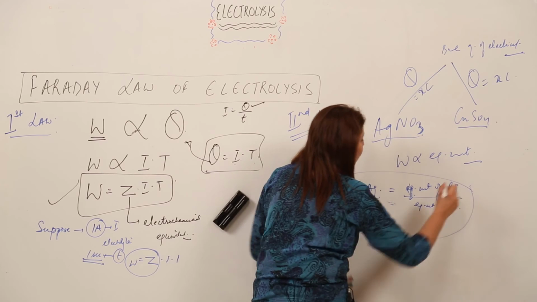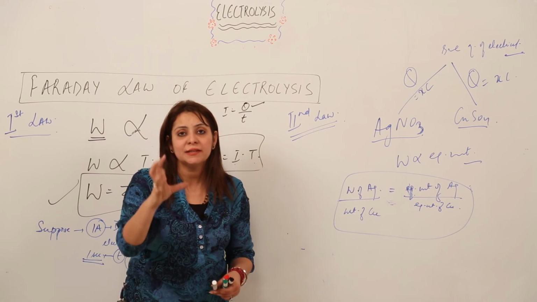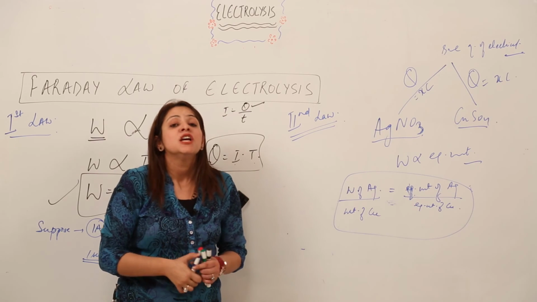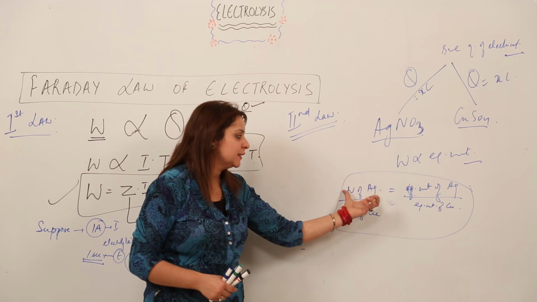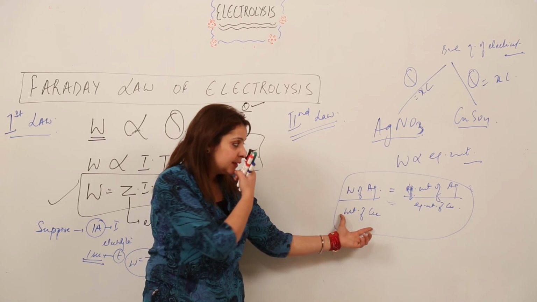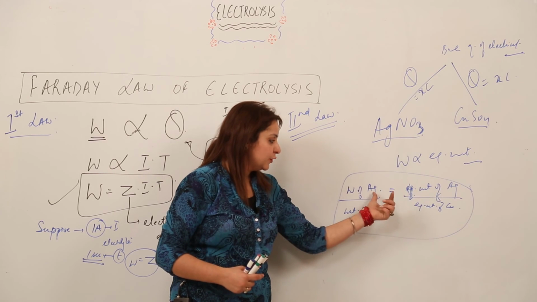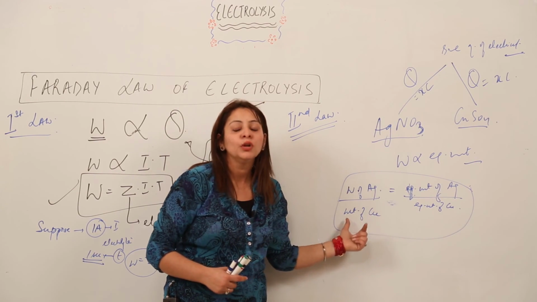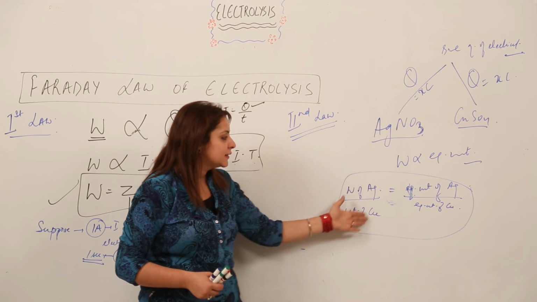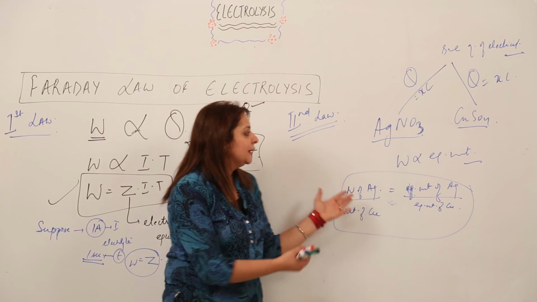So the weight of one substance divided by the weight of the other substance is equal to the equivalent weight of the first divided by the equivalent weight of the second. If you are given these terms and need to find any one unknown variable, you can do it by the same formula.